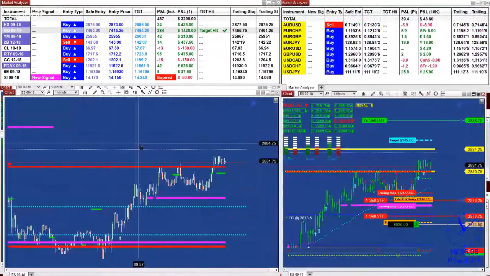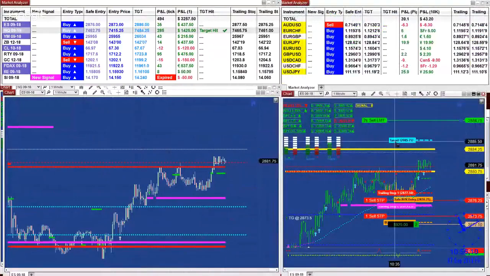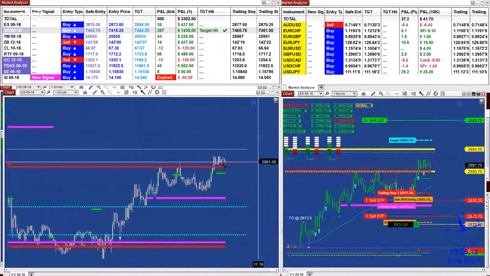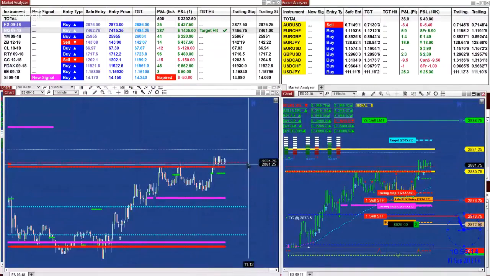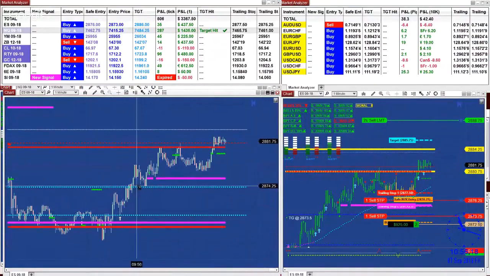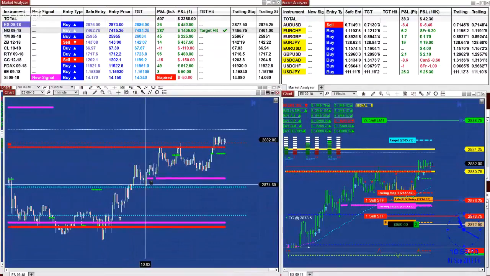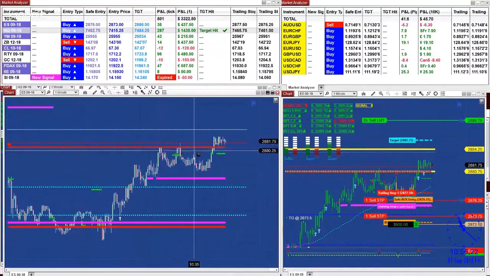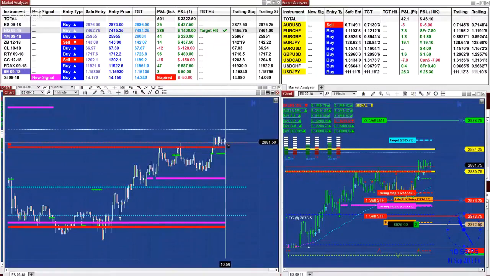The clean chart is more important than this one here. Why? Because I want to see a clean picture, pulling back, resistance, resistance, resistance, a new breakout.